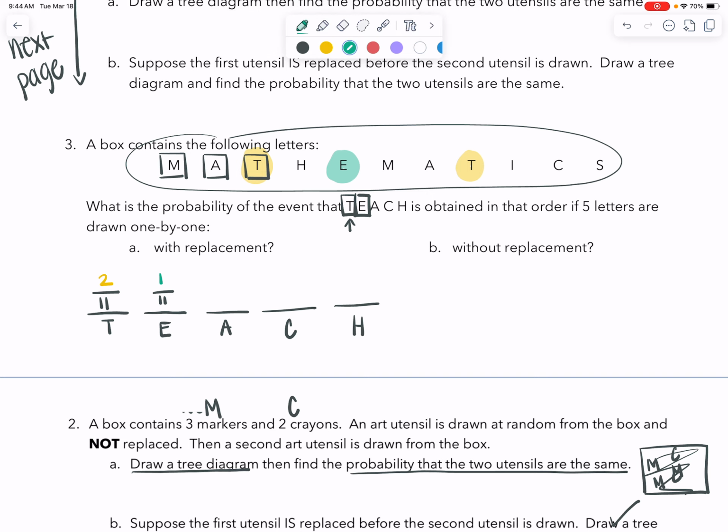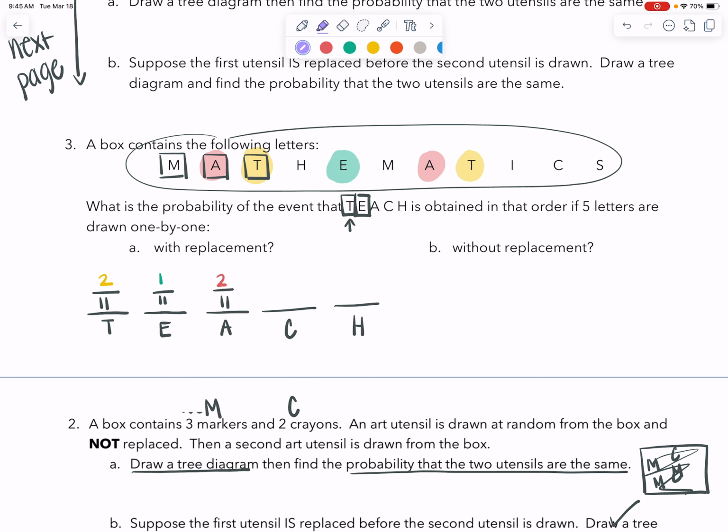What's the probability of drawing an A? 2 out of 11. And then I'm going to continue the same thing.